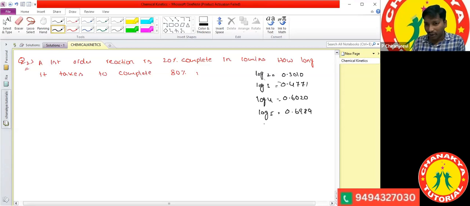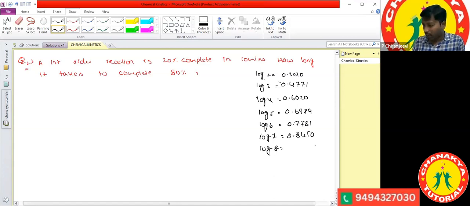0.6989. So log 6, what is the log 6 value? 0.7781. Log 7 value. Because log values are required, that's why I'm writing everything here. 0.8450, log 8 value.